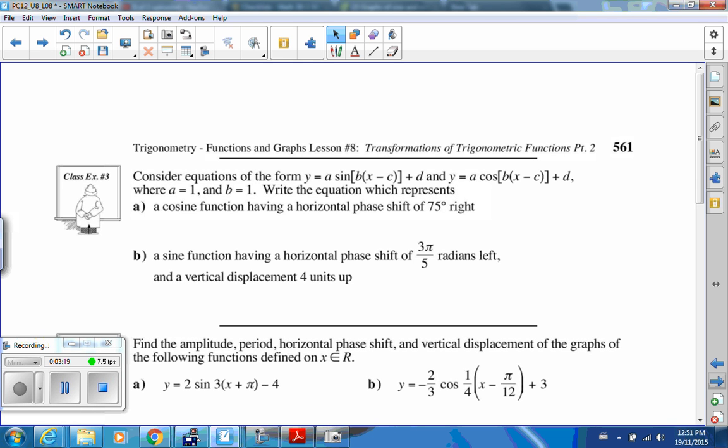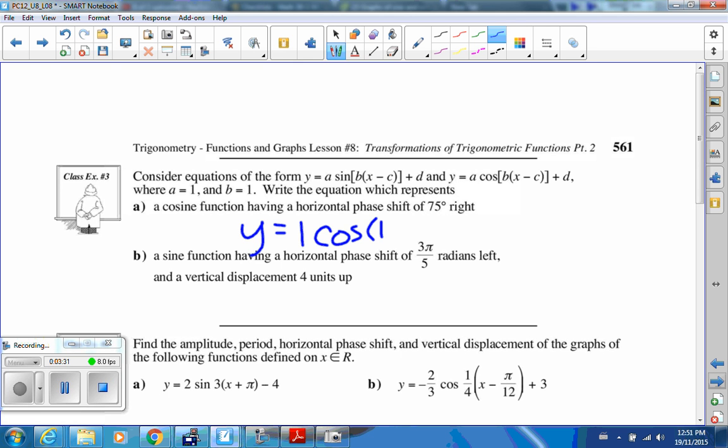So if I've got A, B, C, and D, and I wanted to write a cosine function with a horizontal phase shift of 75, it's just going to be y equals 1 cos of 1 x minus 75 degrees plus 0. That's my basic.